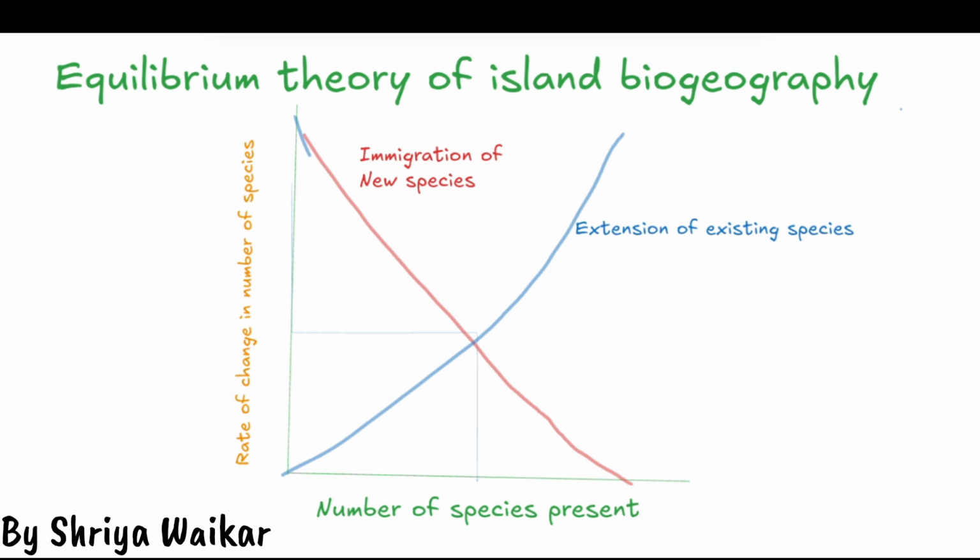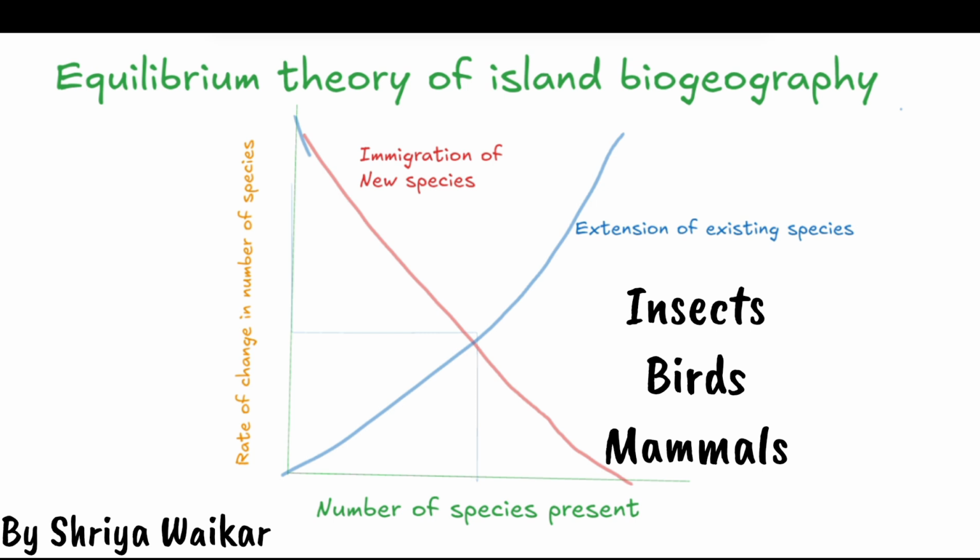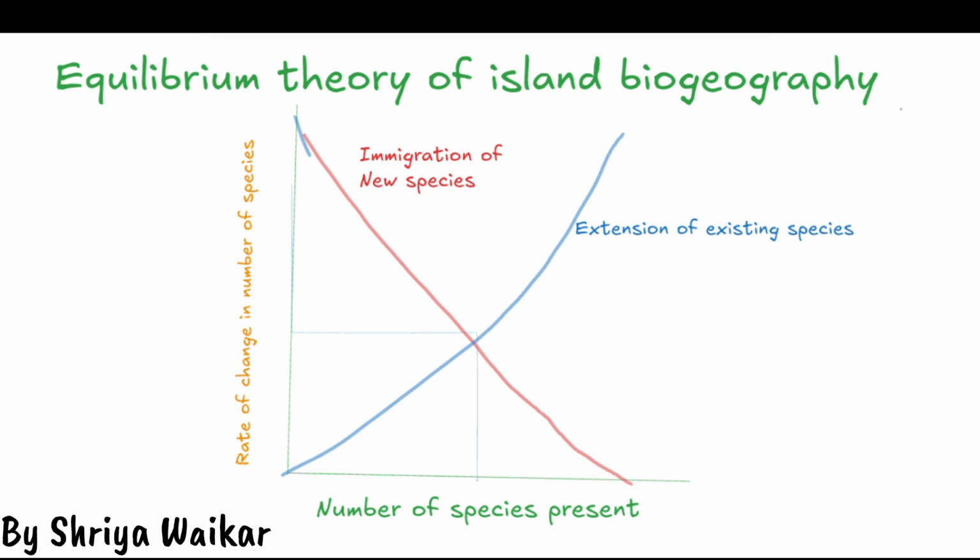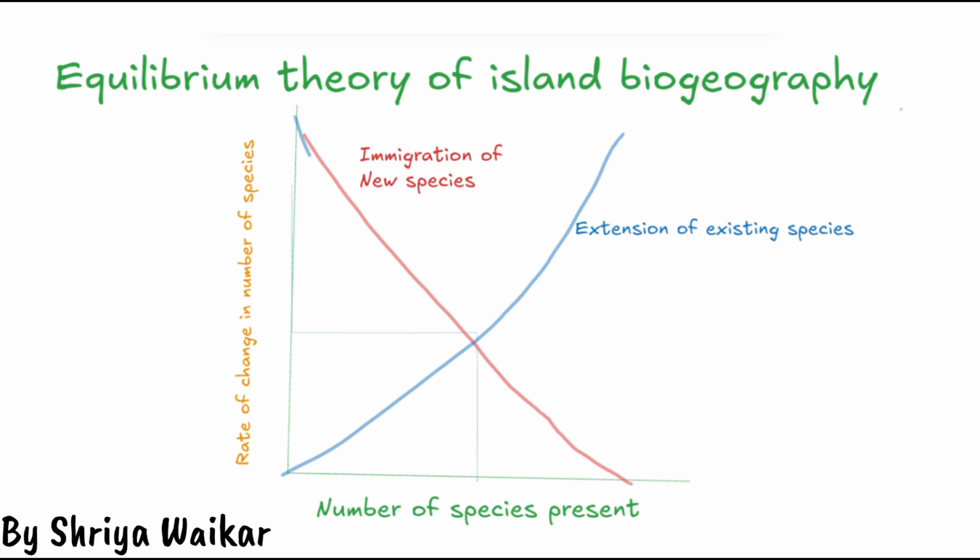So the equilibrium species richness of an island is where immigration balances extinction, and it remains roughly constant, and it refers to the number of species in a community, not the identity of the species involved. Here we can see the theory of island biogeography states that the number of species of a given taxa like insects, birds and mammals present on an island represents a dynamic equilibrium between the rate of immigration of new colonizing species and the rate of extinction of previously established species.